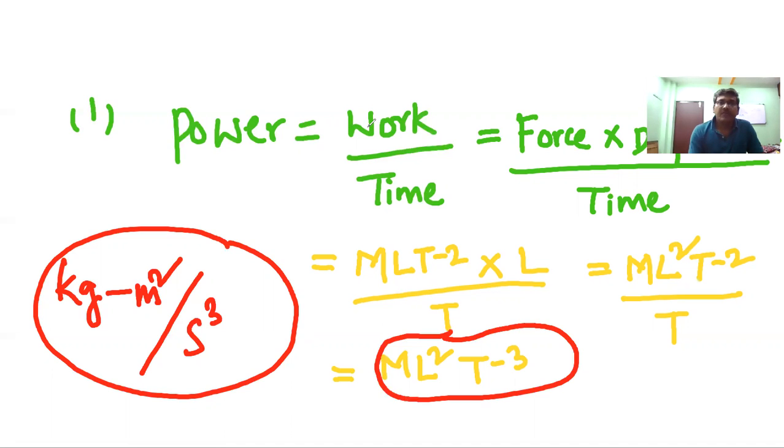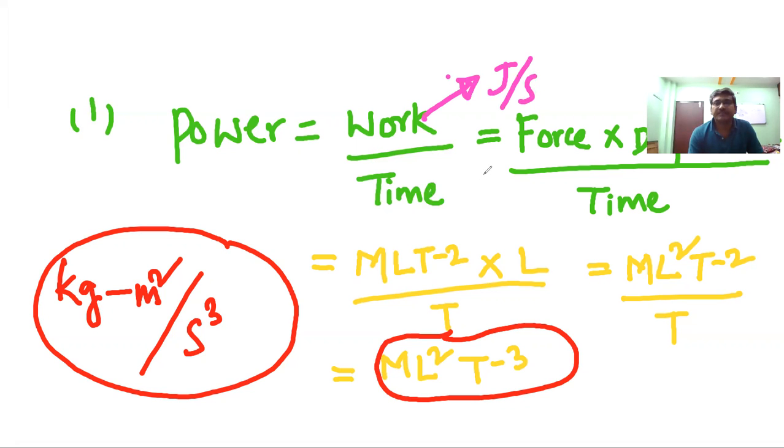So here, when you want to take up the power in terms of the standard units, observe this. Previously we have expressed the unit of work as joule, and time is in second. So you can express it as joule per second also.